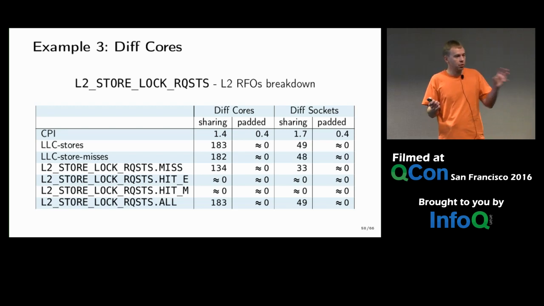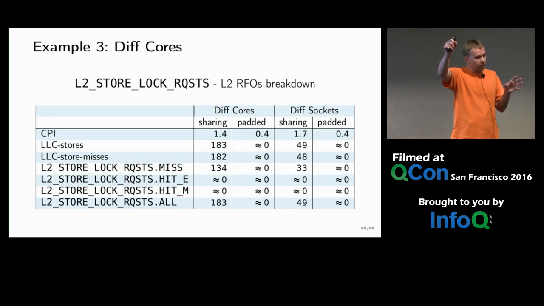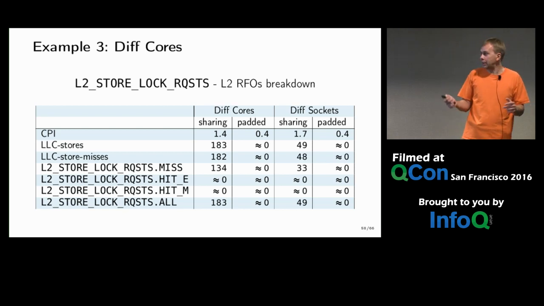It's a situation when the cache of one core sends a request to the cache of another core: give me this cache line, I am going to write here. We can see that these kinds of events are drastically different between the padded and false-shared cases.